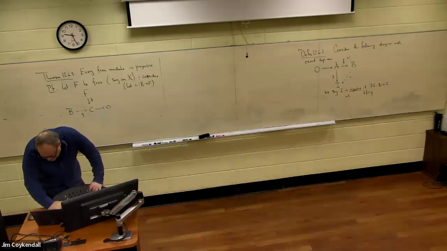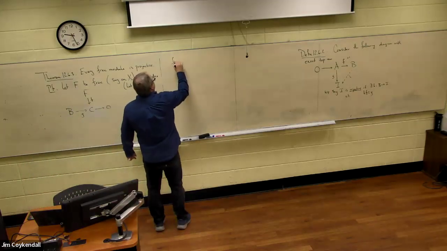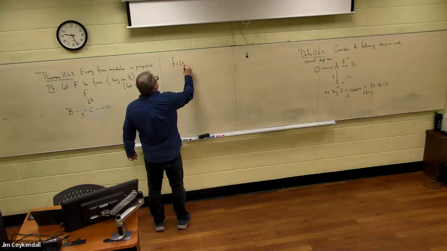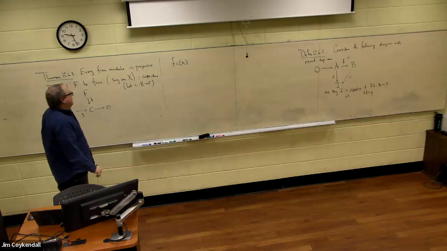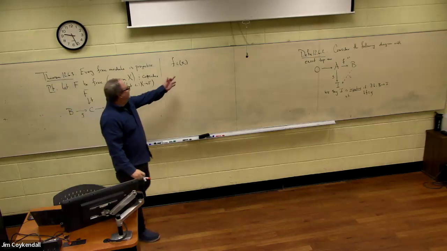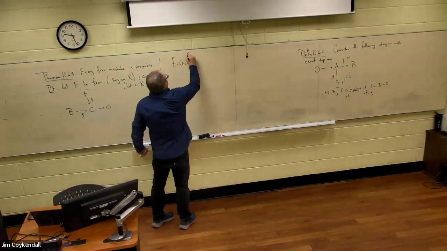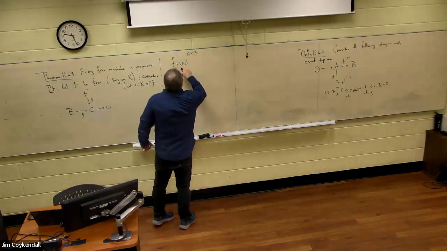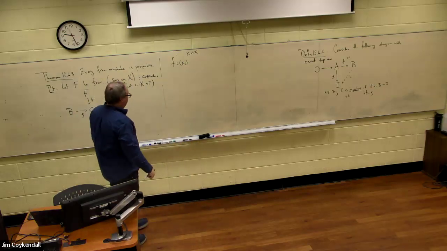So if you look at f iota xi, I'm just being fancy here. I'm taking one of the basis elements, xi. Iota puts it inside the free module, and then I apply f to it. I push this down here.